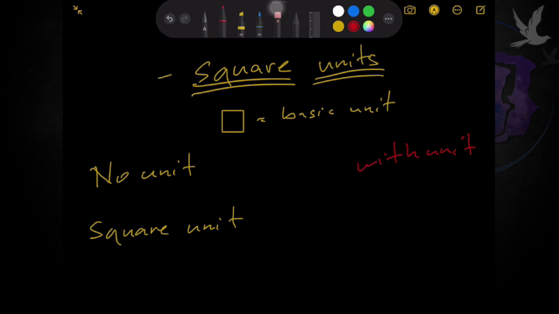so if we use centimeters, this will now become square centimeters or just square centimeter.